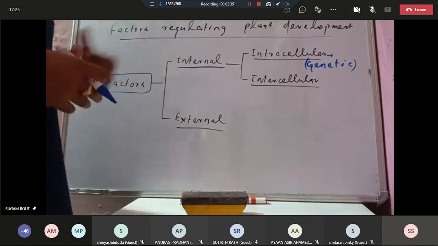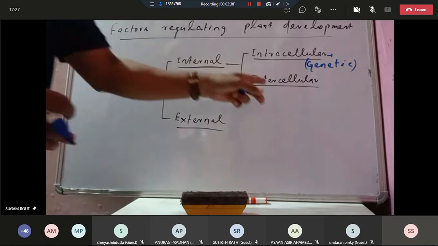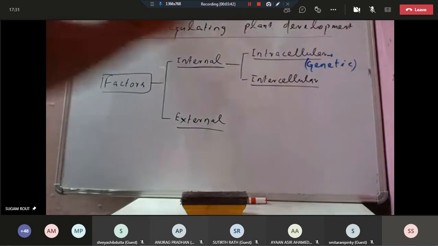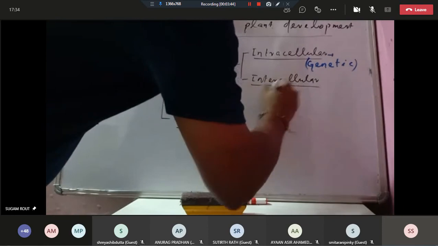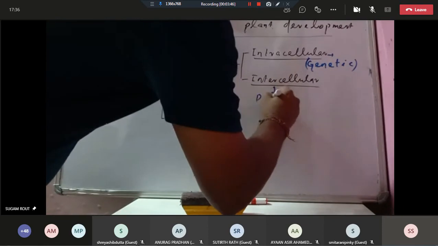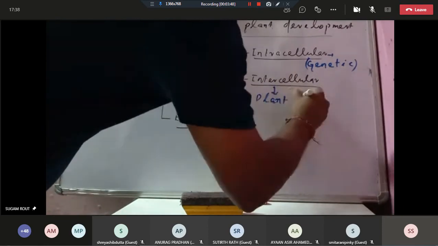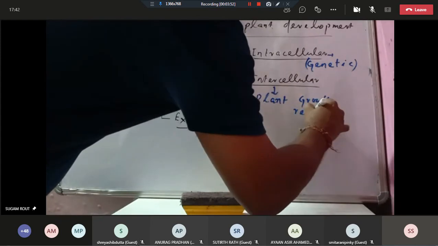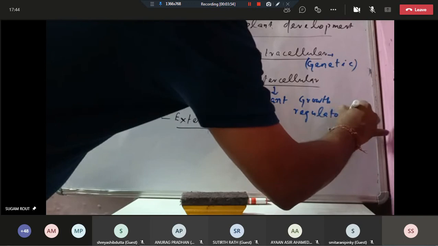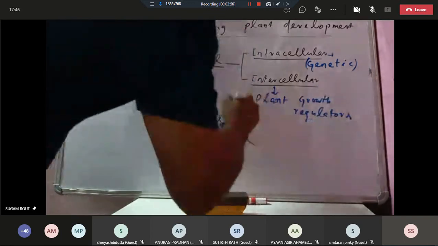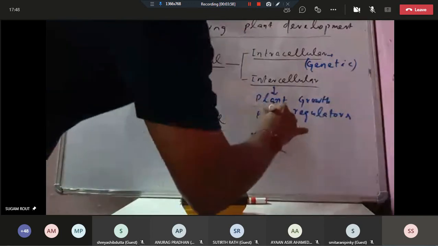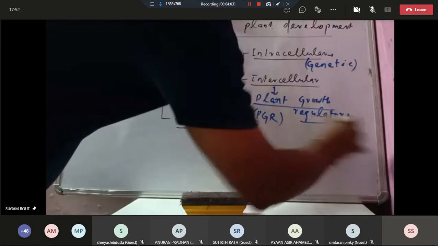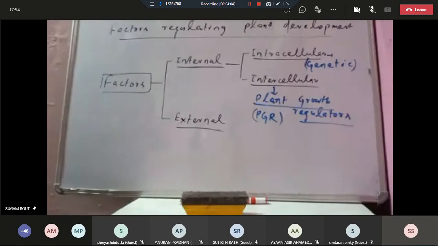But what about the intercellular factors? Intercellular factors are mostly plant growth regulators, or you can say PGR, or phytohormones.